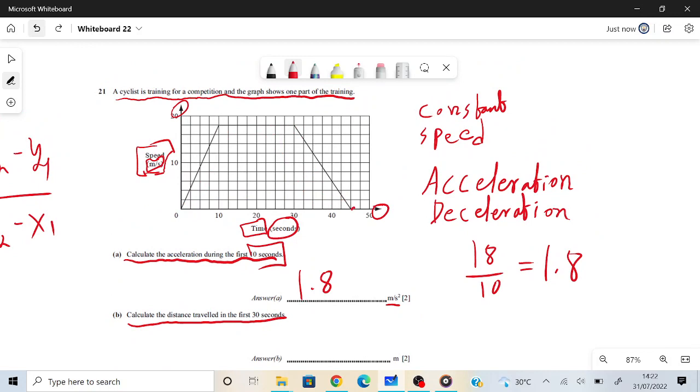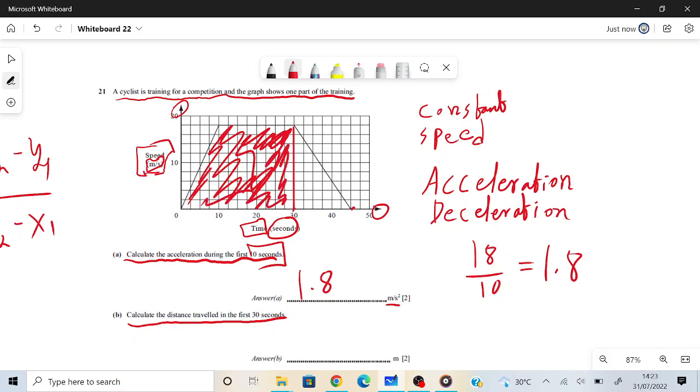So to calculate the distance in 30 seconds, let's go to 30 on our x-axis, trace it to the point where it intercepts the graph, that's roughly somewhere there. And we need to find the area of all of the parts over here, because it said only 30 seconds, not the whole 45 seconds.